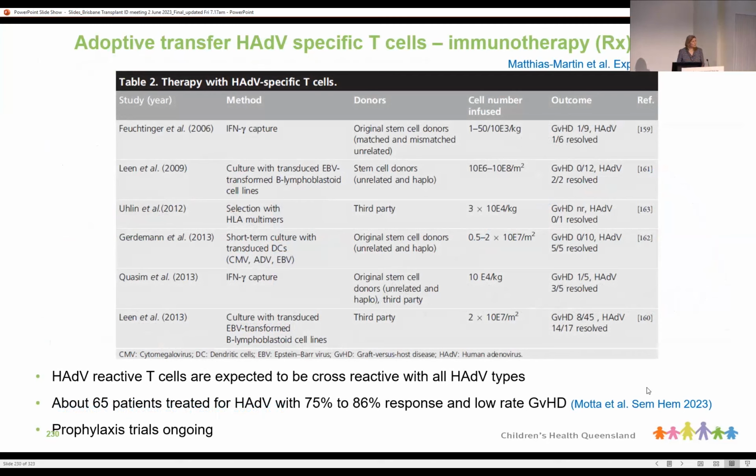There aren't a huge amount more studies to add, but in total, from a review paper just this year, about 65 patients had published experience with T-cell immunotherapy, with a published good response and a low rate of GVHD. There are currently ongoing prophylaxis trials, not just treatment trials, some of which are being driven out of QIMR and are within the pediatric population.